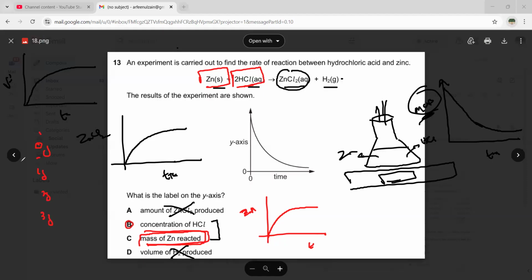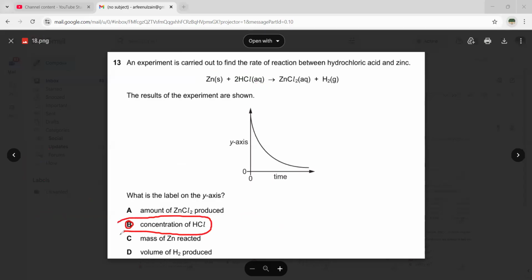So the mass of zinc reacted will increase, not decrease. So you're left with only option B, that the concentration of hydrochloric acid, as the amount of hydrochloric acid reacts, its molecules start to decrease, so the concentration will start to decrease as well. Is it clear? Clear, sir.